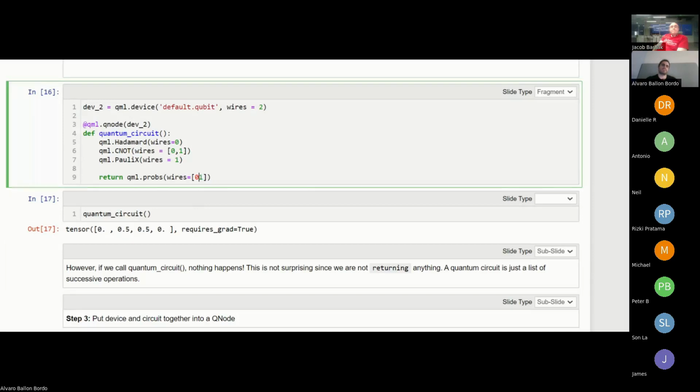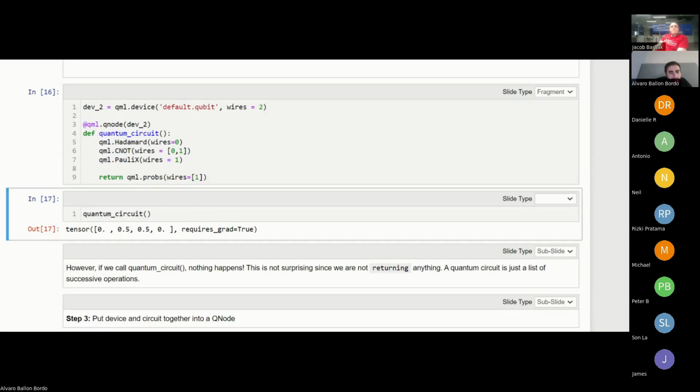You can also ask it for the probabilities on only one wire, by the way. If you look at this, you see, okay, so let's just focus on the first qubit. There's the probability 0.5 that is 0, 1, and probability 0.5 that is 1, 0. So it will also be that there's a probability of 0.5 that the first qubit is in 0, and 0.5 that the first qubit is in 1, because this is 0, 1, and this is 1, 0.